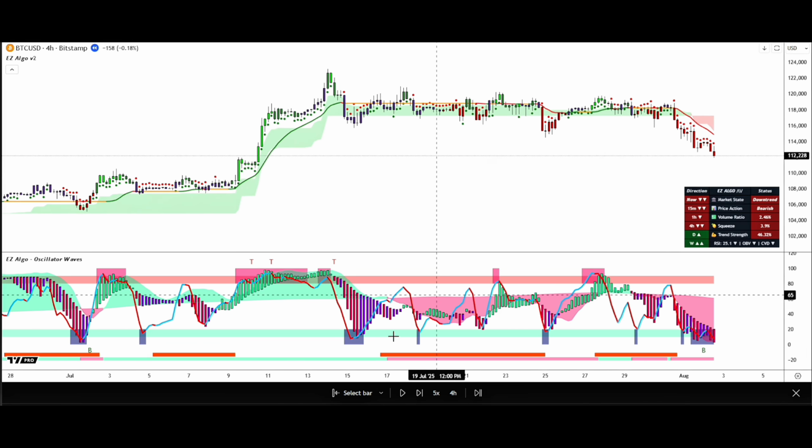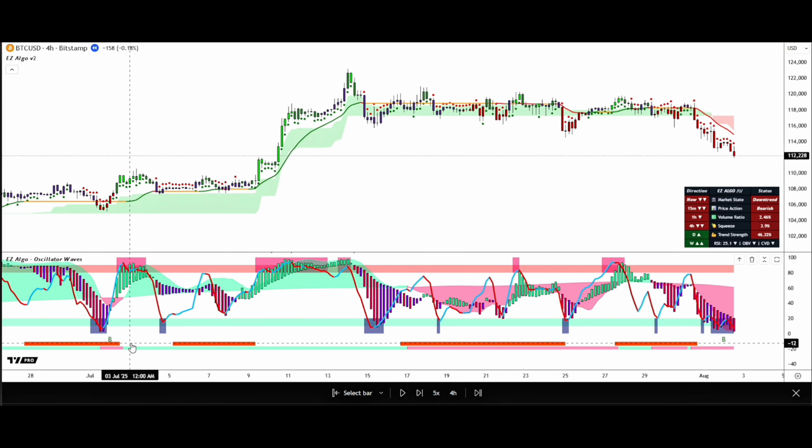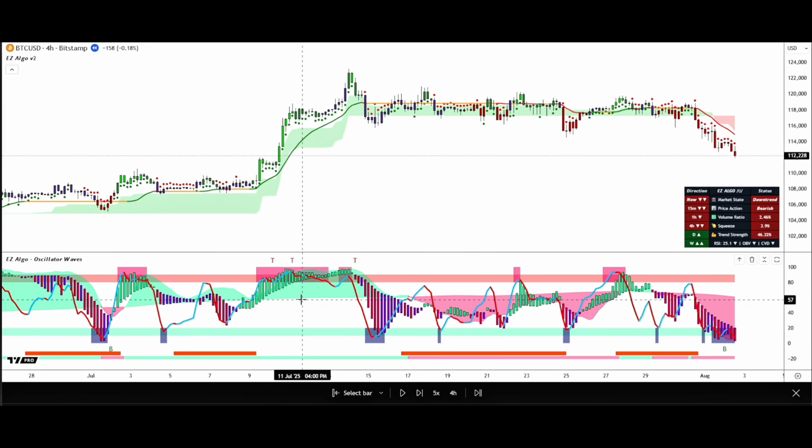Next on oscillator waves, we have our top and bottom alerts. Both of these correlate with the same top and bottom alerts that are in EZ Algo V2, so it can give you a better confluence system. When you see a top on V2 or on here, we can look at our oscillator candles, we can look at our Stoch Wave, we can even look at the overlay to try to see if there's any clues that at that current point price is trying to reverse, or if it's just a stall, which right here we can clearly see it's a stall.